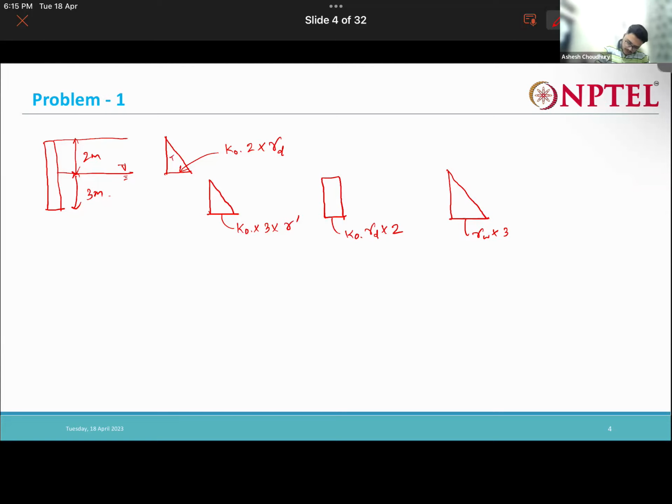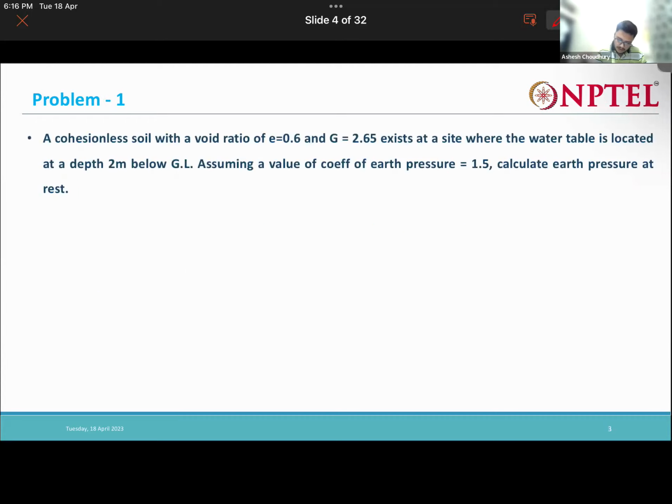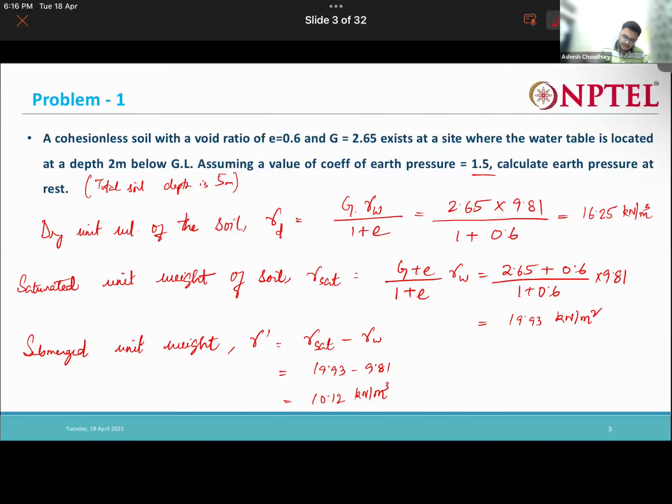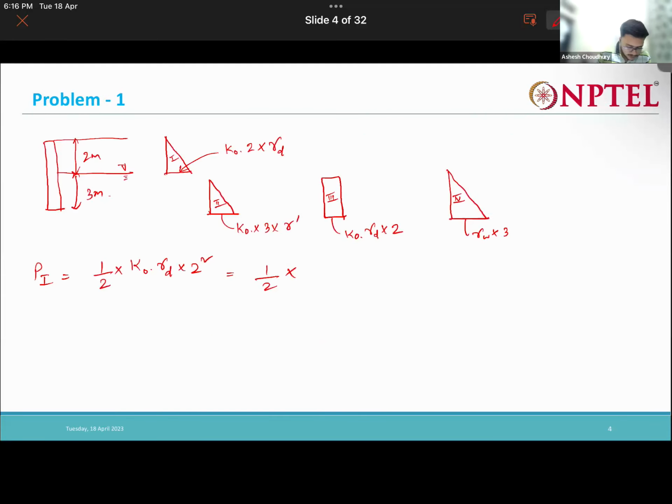Say this one is 1, 2, 3, 4. Let us calculate P1 first. So half into 2 square. K naught is, sorry, 0.5.